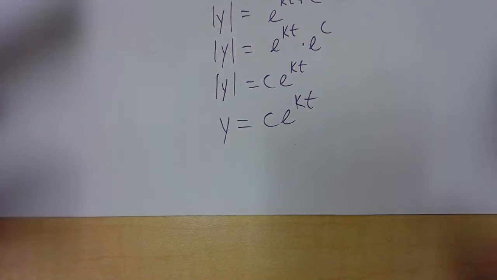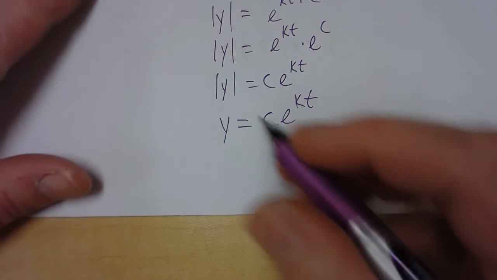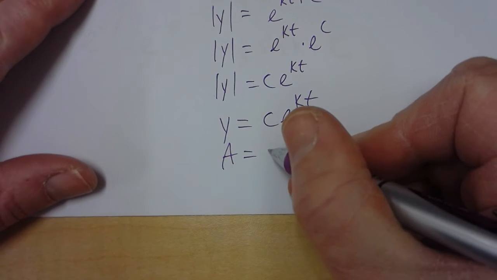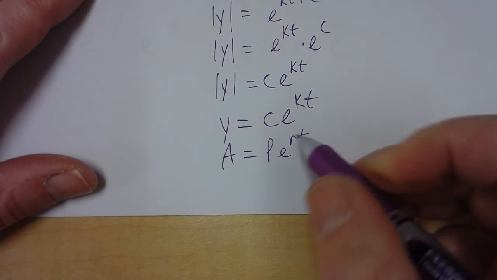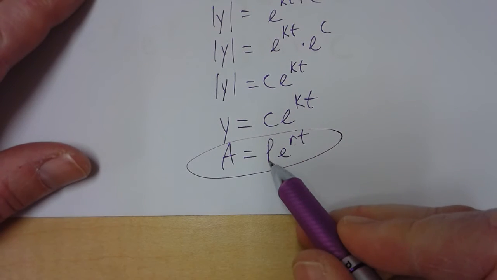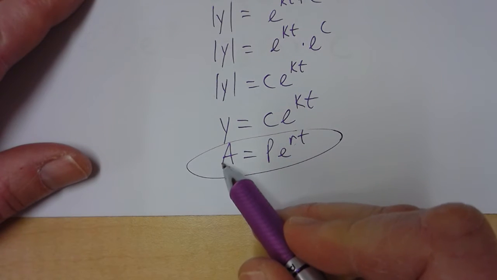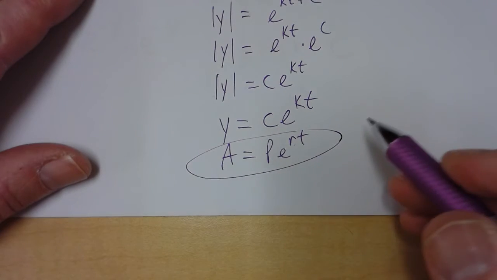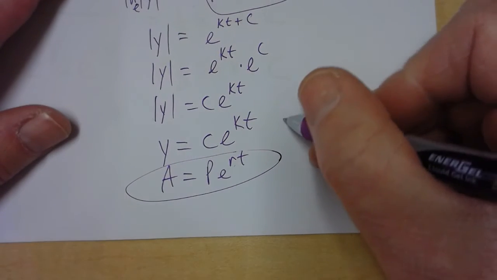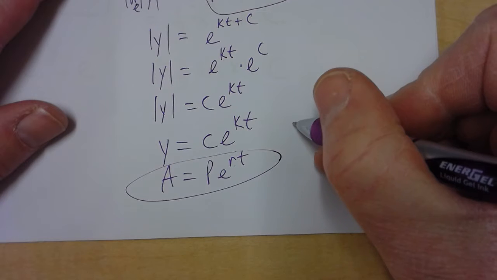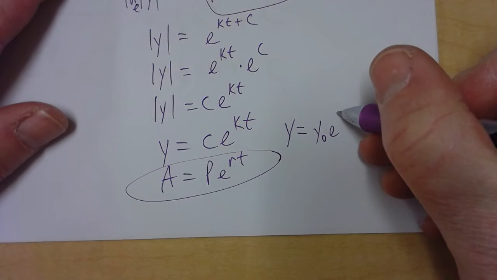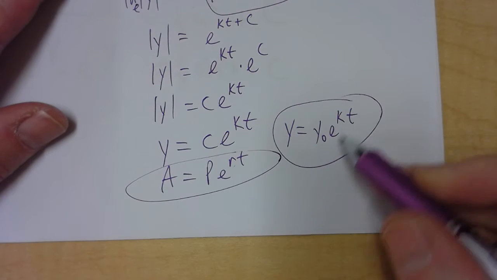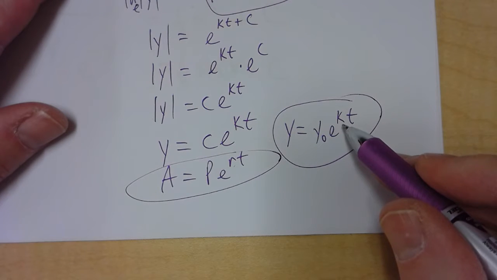Now that's one way you can see this. In money situations, you would say the amount is equal to the principal times e to the rt. So you have a starting amount, you have a rate of interest, and you have a final amount. So that matches with that. In terms of biology, we use y is equal to y initial e to the kt, where k is the growth rate or the decay rate.